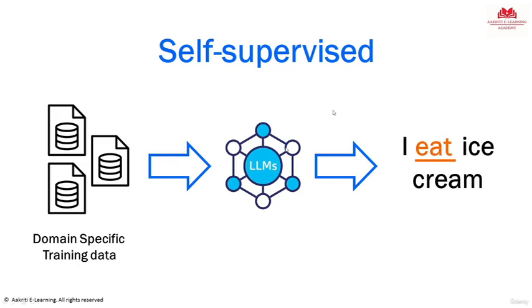Now, this is very similar to how the foundation model is trained, and you are right. The key difference here is that you are fine-tuning the model by providing your domain-specific data set. So if you want to train it on your healthcare data set, you will pass it the drug structure, scientific studies, all the documents that are related to your drug, and the model will learn from it and be able to generate content based on that.